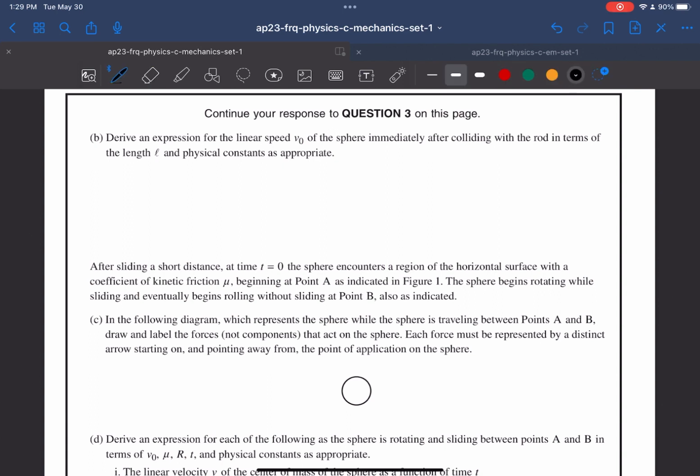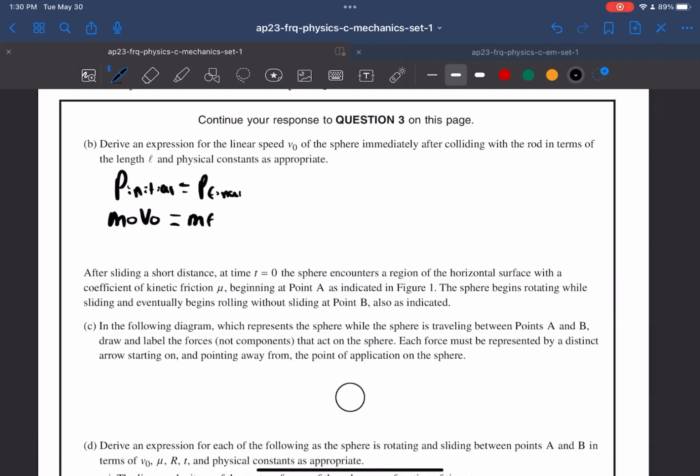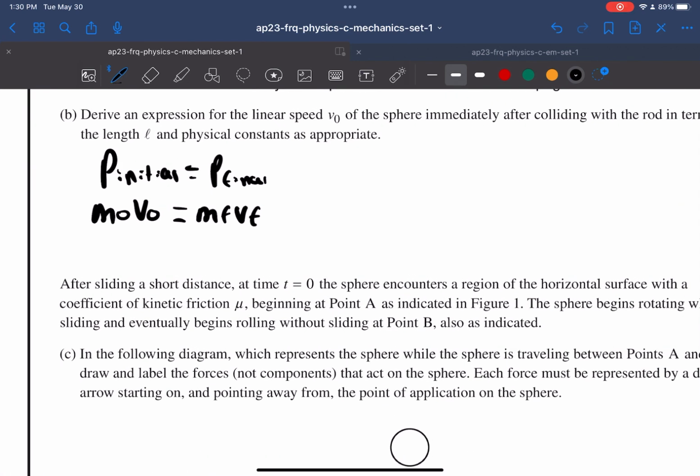So if we were to do it like that, we would have P initial equals P final, which of course would be the mass of the initial object times the velocity of the initial object is equal to the mass of the final times the velocity of the final. And this here is conservation of momentum. So here we have the general equation for conservation of momentum for translational impacts.